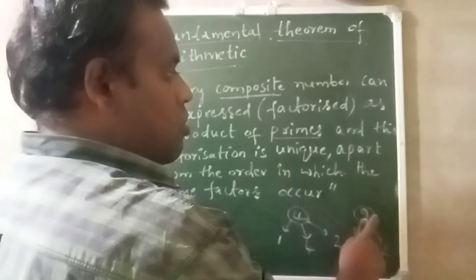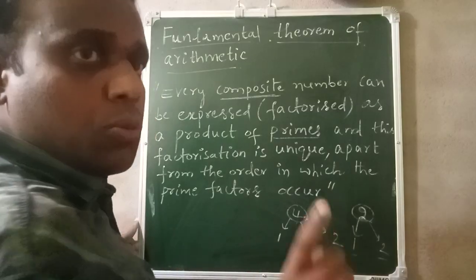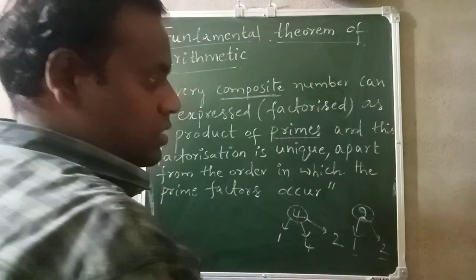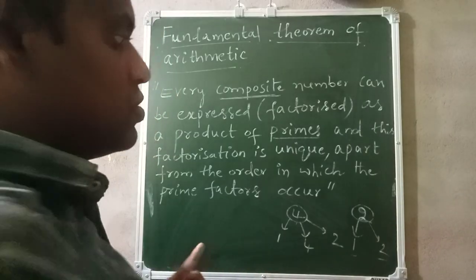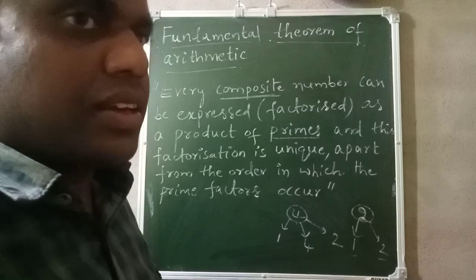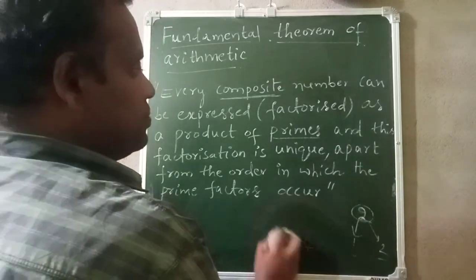So that is why it is called prime. Composite numbers will have more than two factors. A prime number will have only two factors. So now 2 is a prime number, 4 is a composite number. I hope you got what is composite and prime.